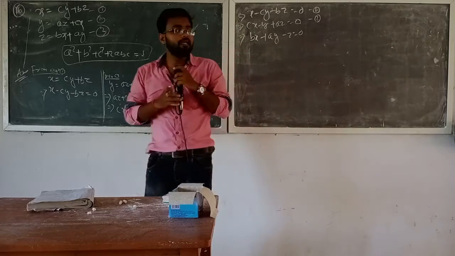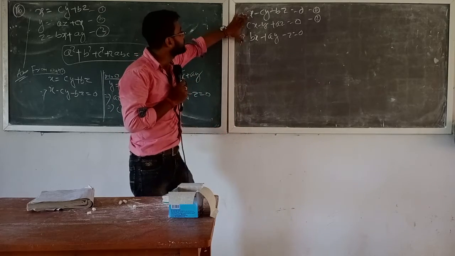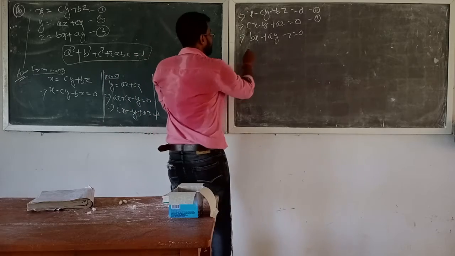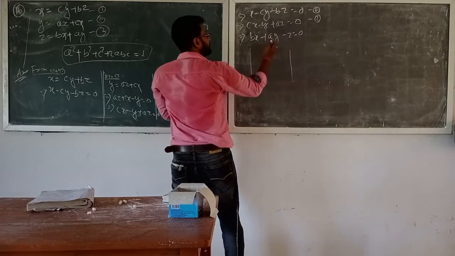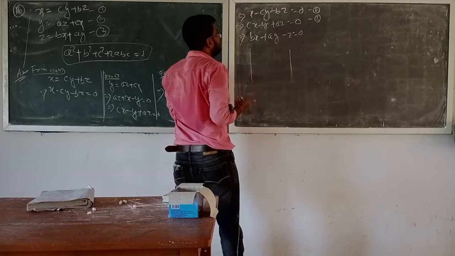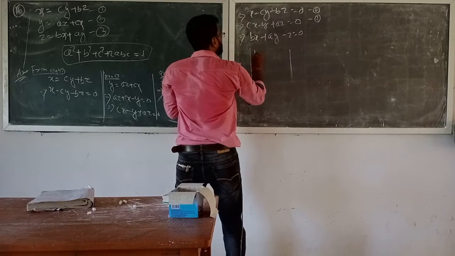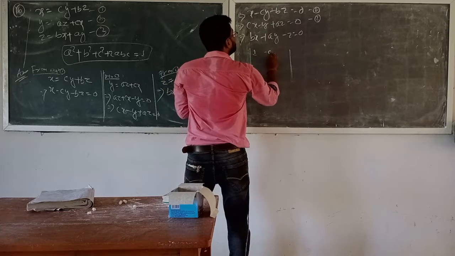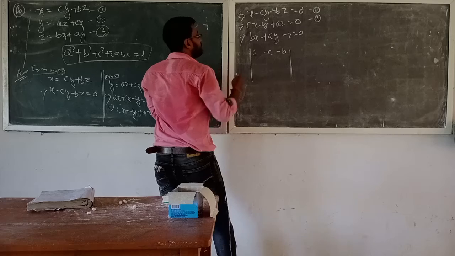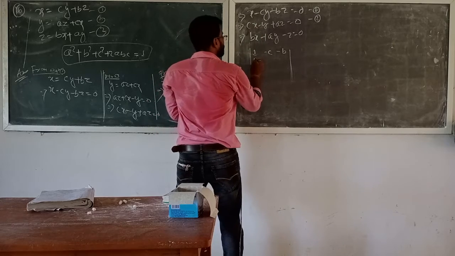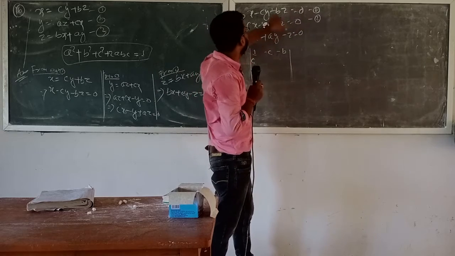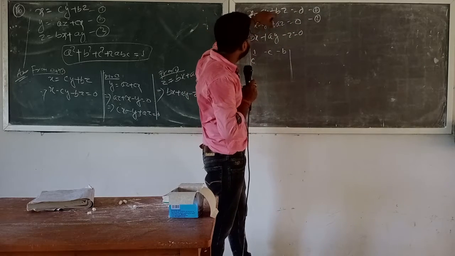Now we can write down the coefficients of x, y and z in determinant form. This is a 3 by 3 determinant. From equation 1, the coefficients of x, y, z are 1, minus c, minus b.